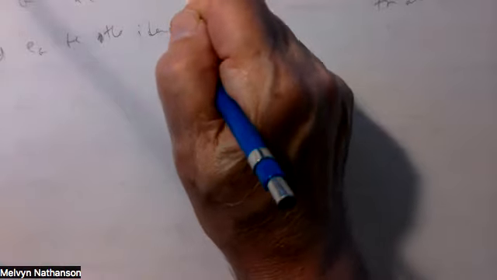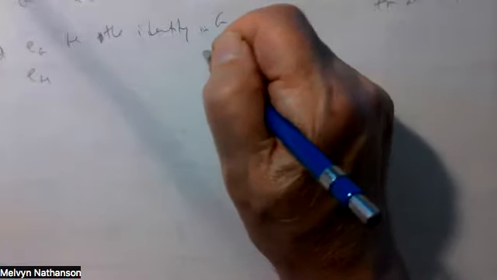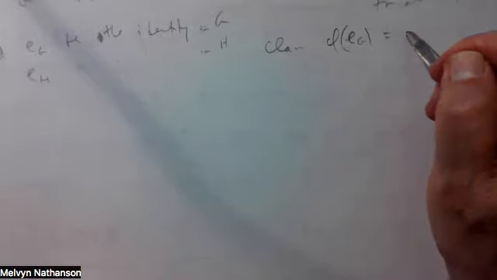Let E sub G be the identity element in G, and E sub H the identity in H. I claim that if you take the identity in G and you apply the function phi to it, that always gives you the identity in H.